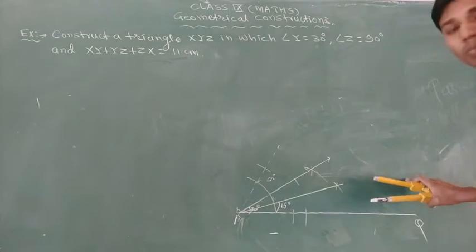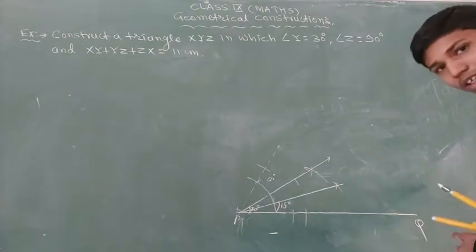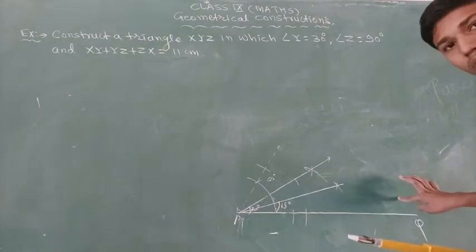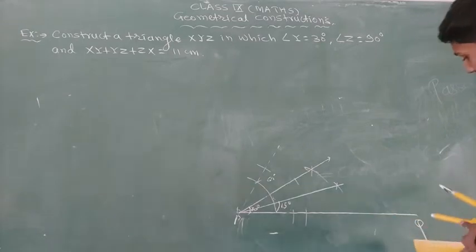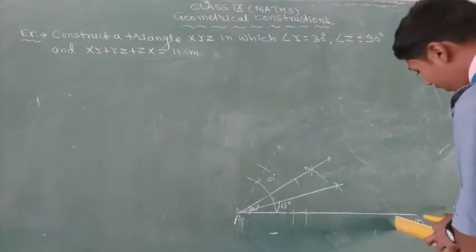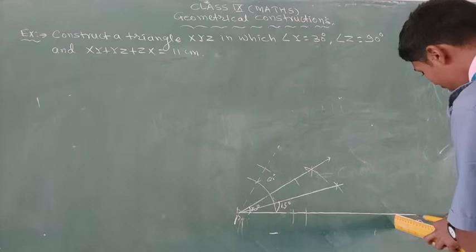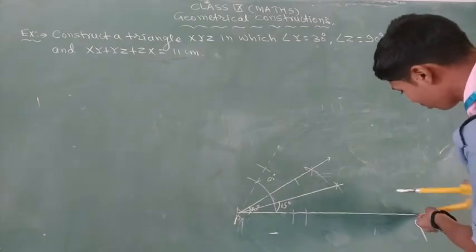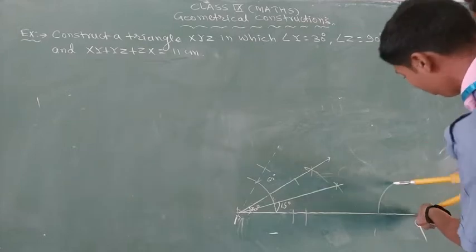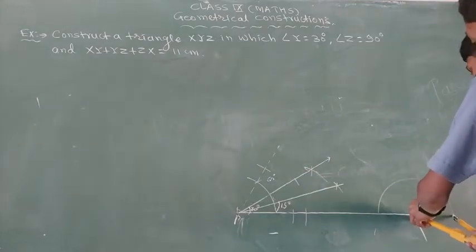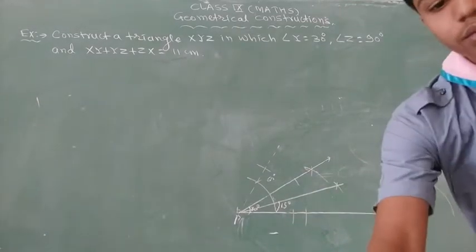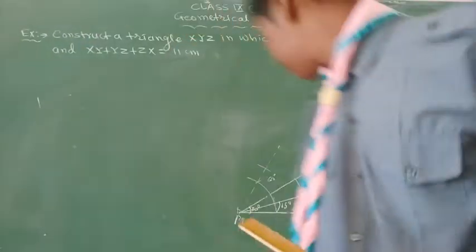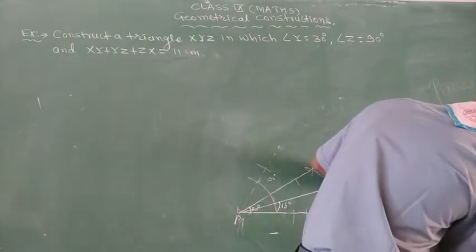At this point Q, we have to form a 90 degree angle, and then also bisect it into a 45 degree angle. So how do we make a 90 degree angle? First of all, we draw a half circle like that and extend this line here.